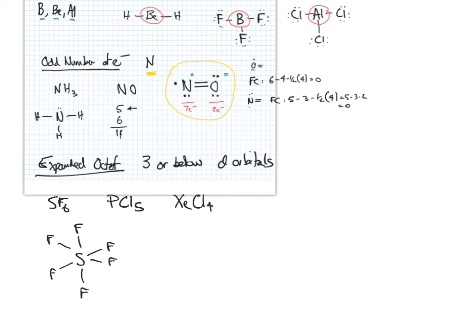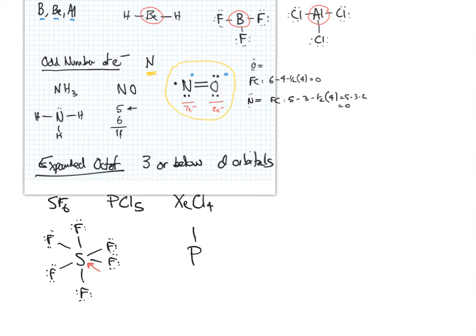But it looks something like this structure right here. So sulfur hexafluoride looks like that structure. Obviously, the octet rule is violated for the sulfur in the middle. It's allowed to happen because of the d orbitals.